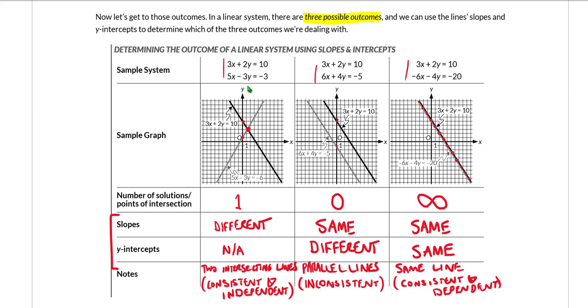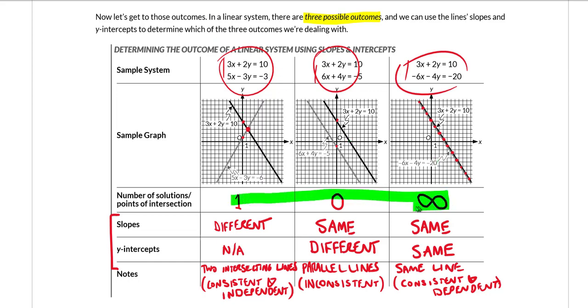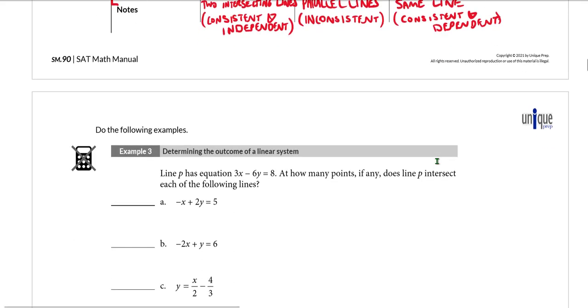If you have the equations of the 2 lines, you can find the slopes of those lines, you can find the y-intercepts of those lines, and you will know whether you are dealing with 1, 0, or an infinite number of solutions. These are the 3 possible outcomes for a linear system. 1, 0, infinite.